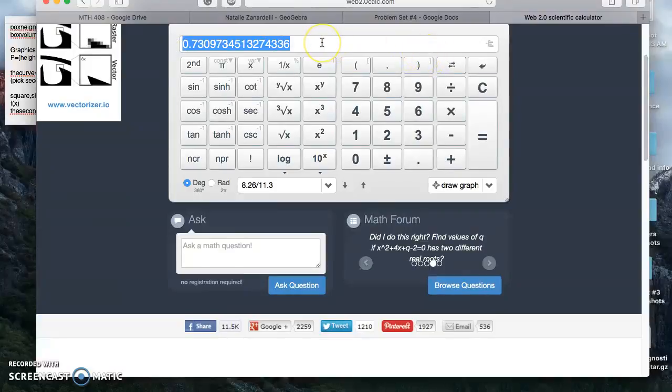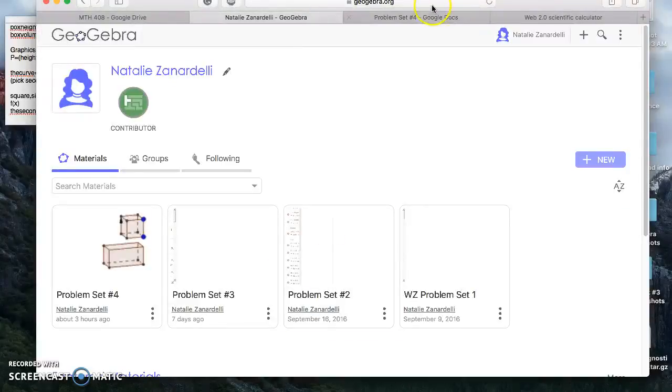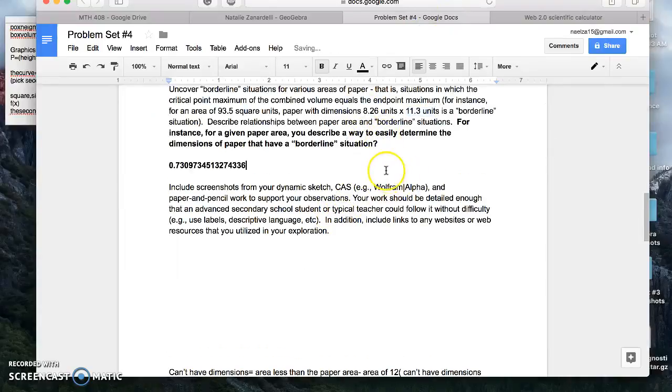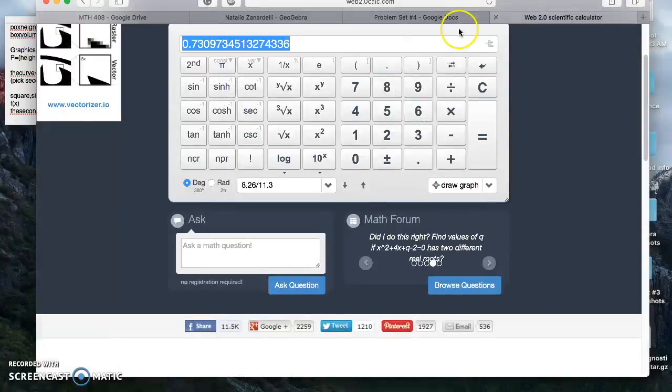And so if I take this decimal and multiply it by another number that I want to be one of the dimensions, then I should get the other dimension. So if I did that times, let's say 7, that times 7, I would get 5.12.